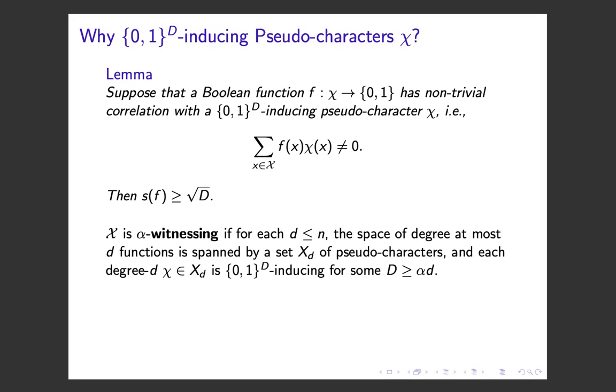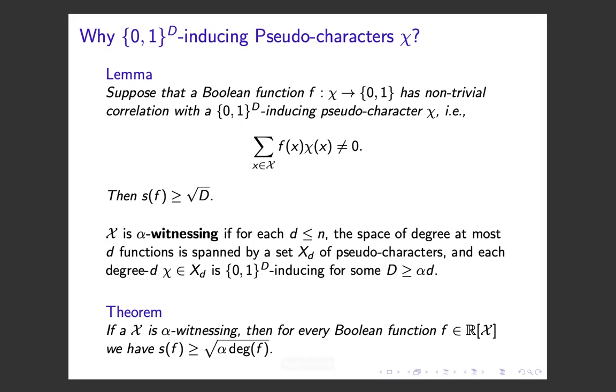And right, so we require one more definition. We say that X is alpha witnessing if for each D, the space of degree at most D functions is spanned by a set X sub D of pseudocharacters, and each degree D pseudocharacter is D' hypercube inducing for some D' that's larger than alpha times D. Why do we come up with this definition?